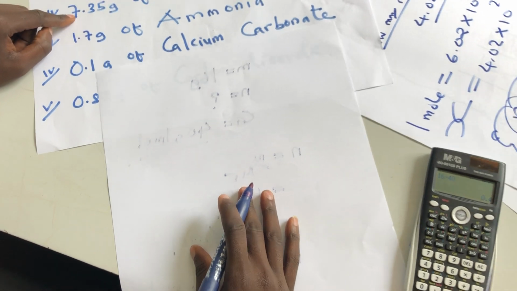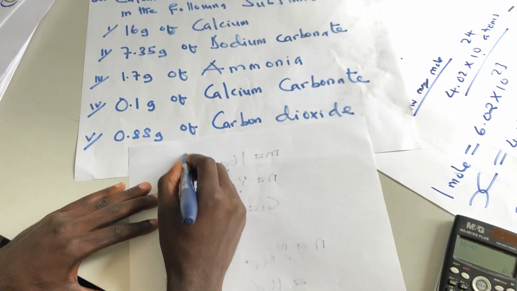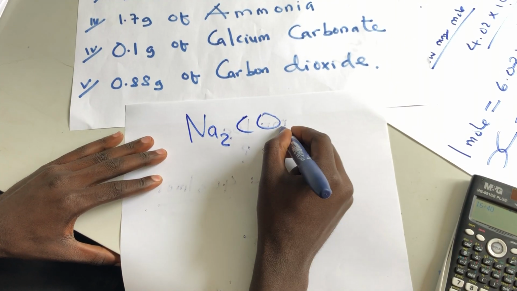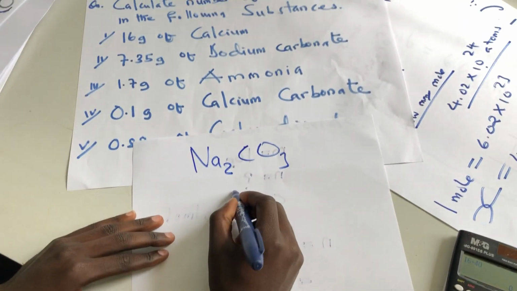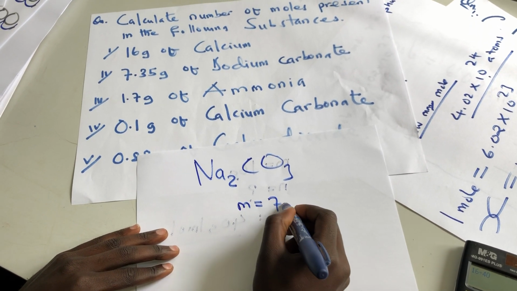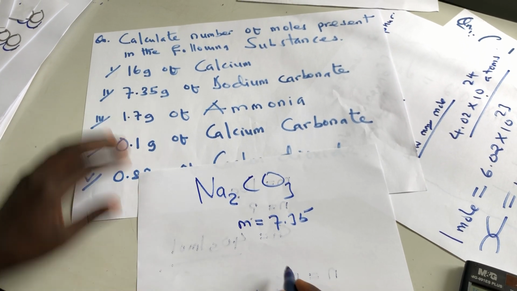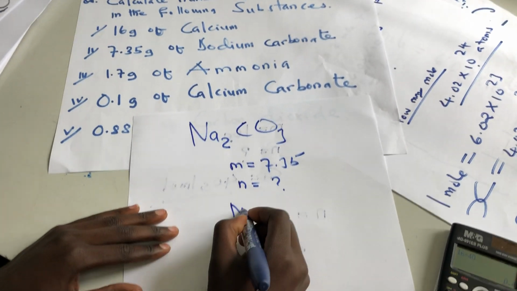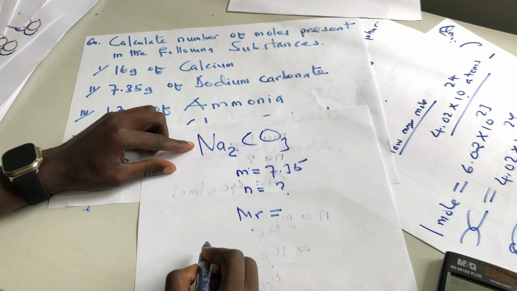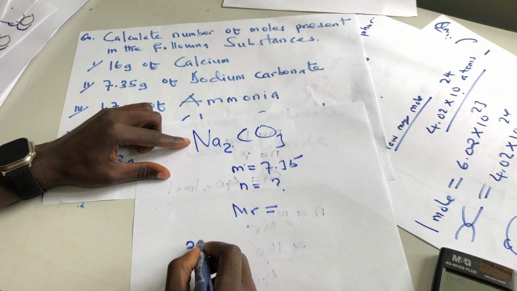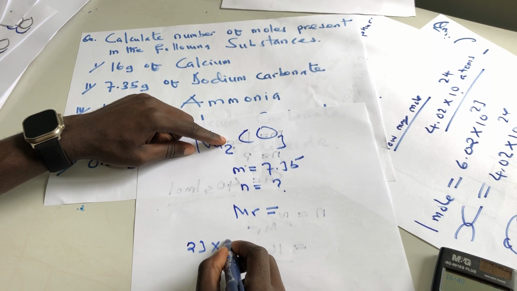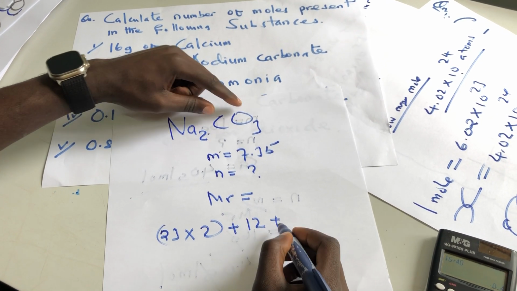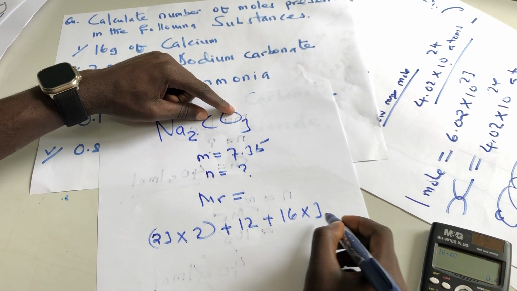Find the number of moles of sodium carbonate. And then you have been given mass, which is 7.35. You have to find the number of moles. The molar mass of sodium carbonate equals sodium from the periodic table, mass number 23, there are two, times 2, plus carbonate is 12, plus oxygen 16 times 3.